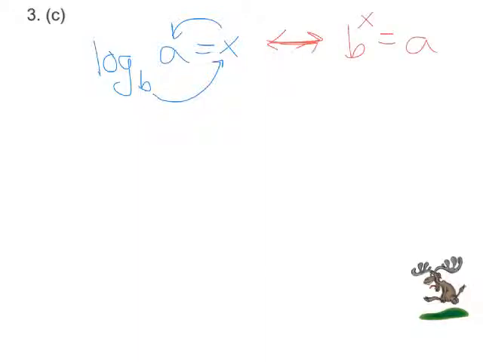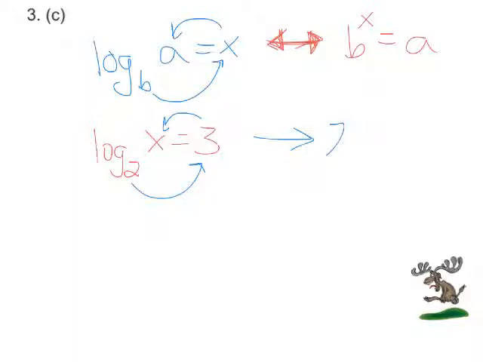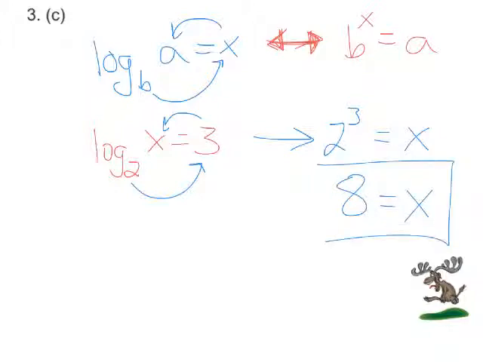So that's the conversion between logarithms and exponentials. For us, we have log base 2 of x equals 3. So we can do 2 to the third is equal to x, or 8 equals x. That's just a straightforward conversion between logarithms and exponentials.